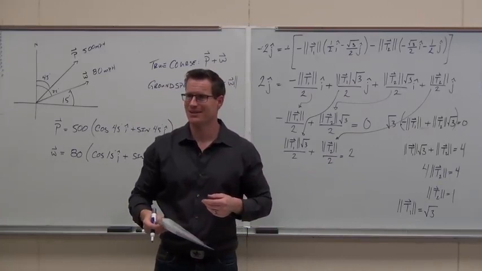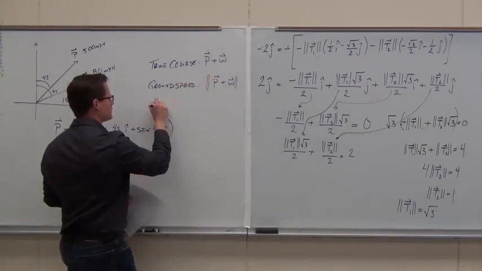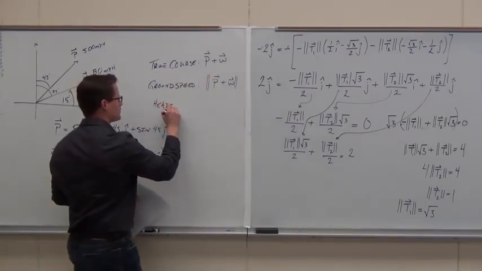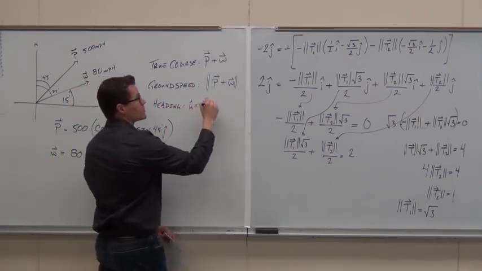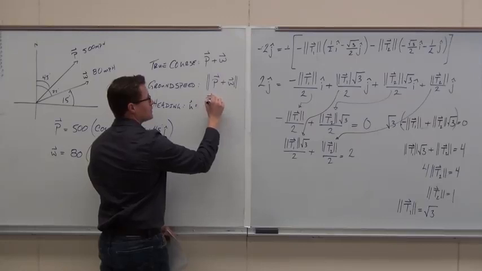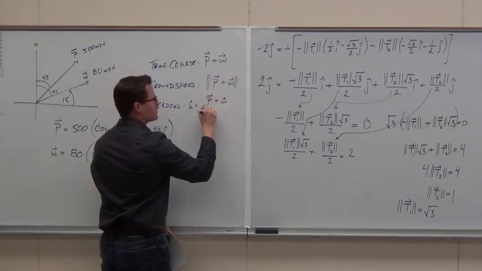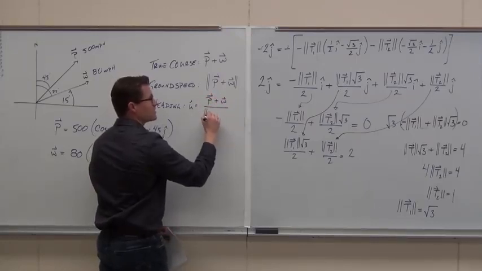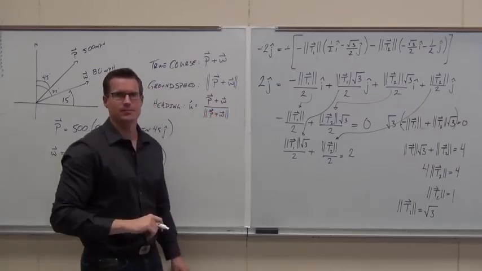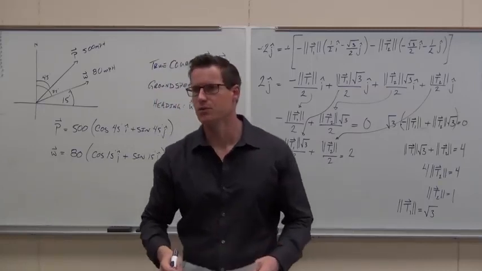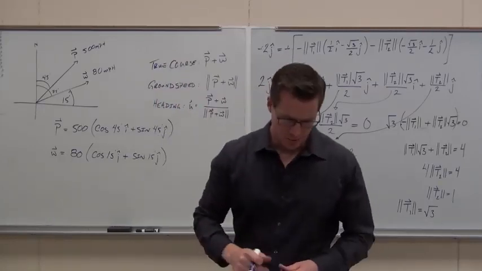Does that make sense? What's your heading? Unit vector. Where you're going divided by how fast you're getting there. That's your heading. And that's how this stuff can be used in a very simplistic way when we're talking about vectors and things.